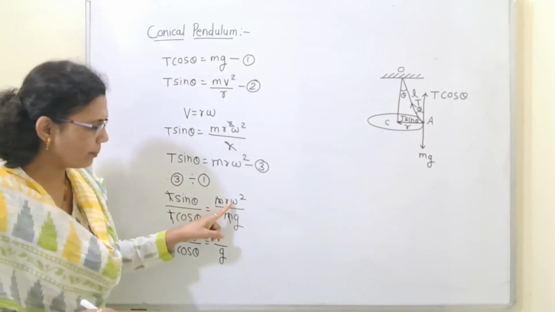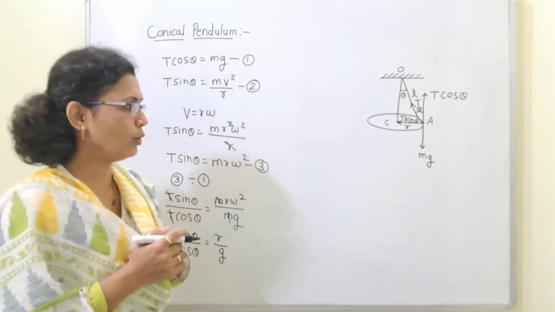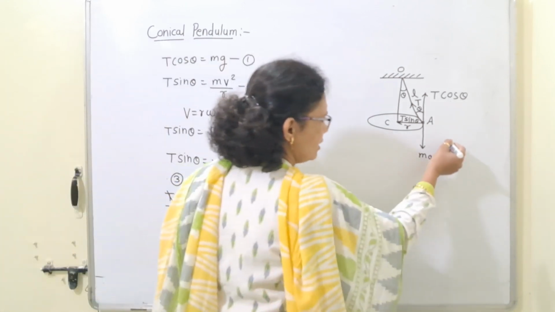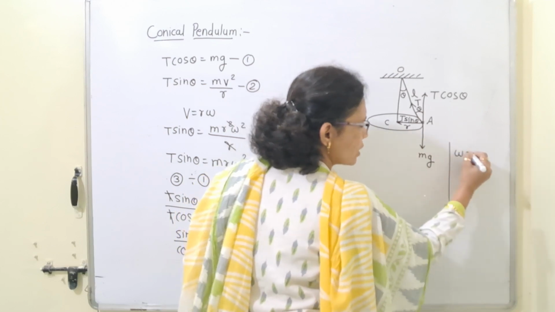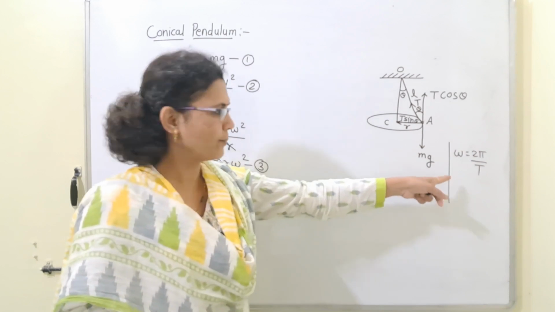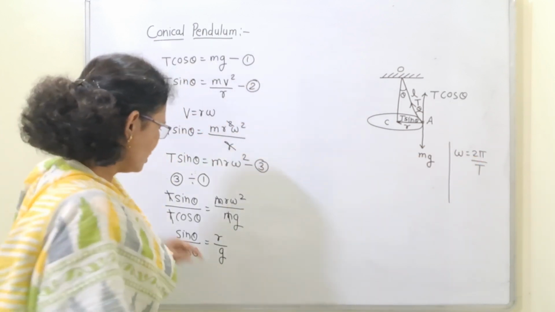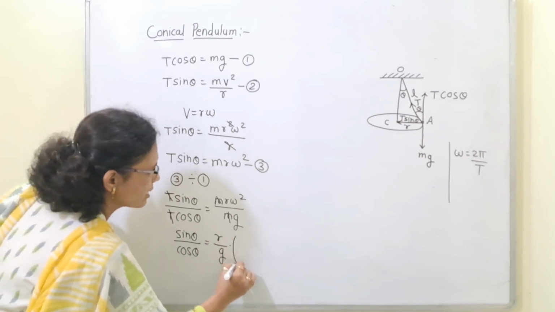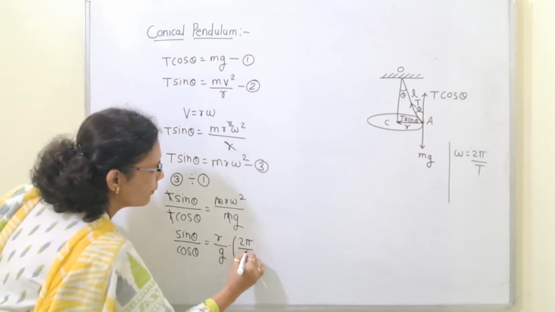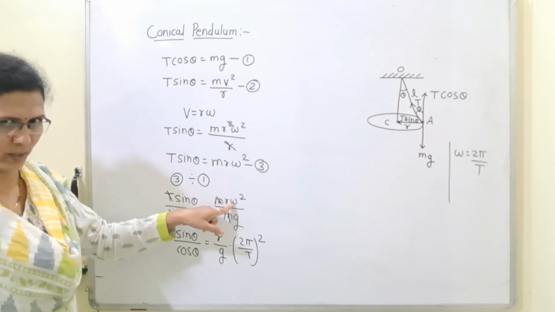See, what is the value of omega in terms of time period? We know that omega is equal to 2 pi upon T. So, I can write this as 2 pi upon T whole square, because here omega square is there.